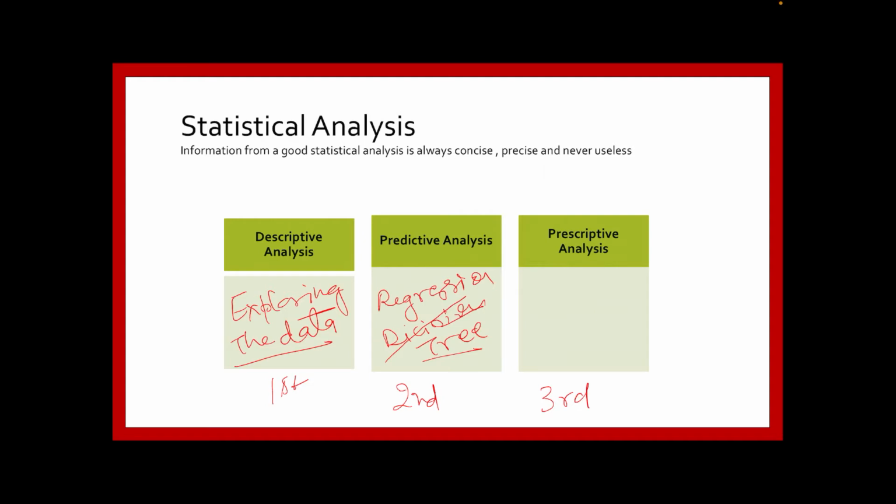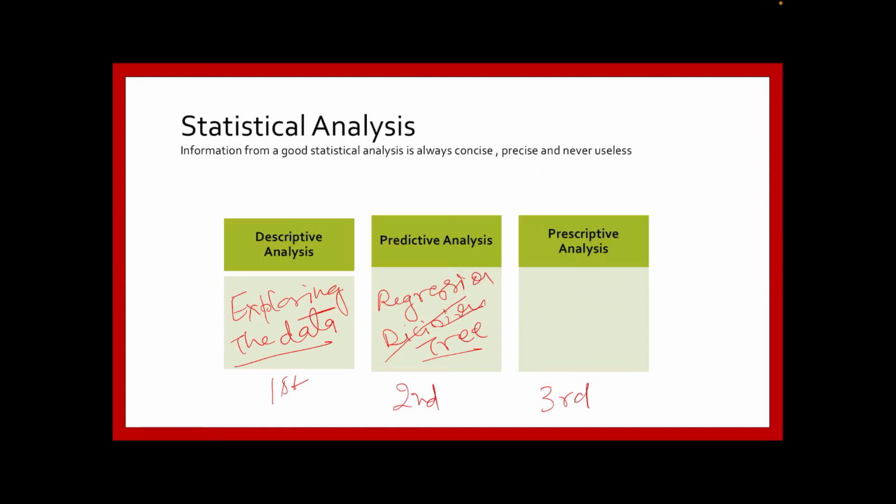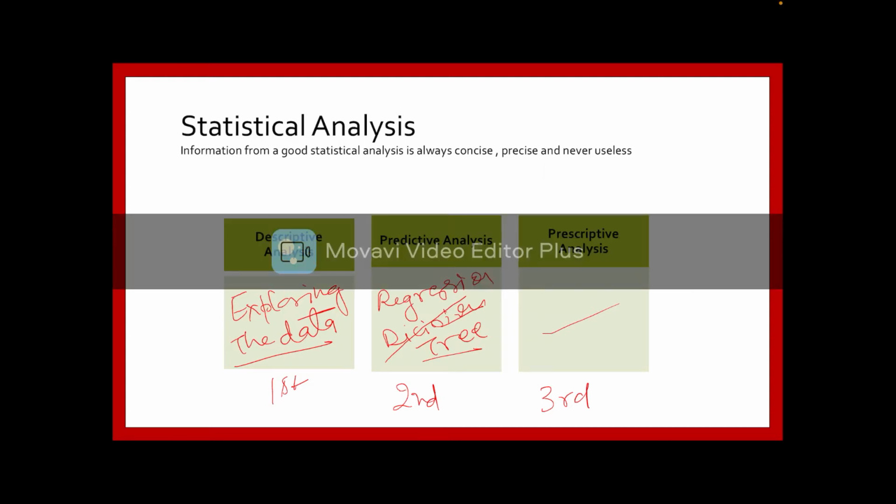It involves, suppose, what kind of impact a particular ad is having for some product, what the buying criteria are, what the associated products are, and how to price them and place them. These kinds of decisions are taken here. This is the most advanced, AI-enabled type of analysis. We will discuss all this step by step.